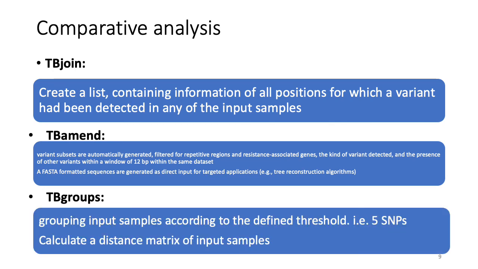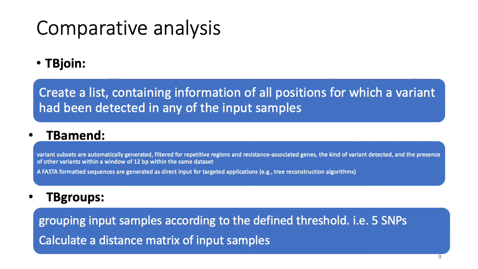And in the last step, TBgroups, MTBseq does a cluster analysis based on the threshold that you define. For example, based on a threshold of 5 SNPs, MTBseq can group the samples for you.